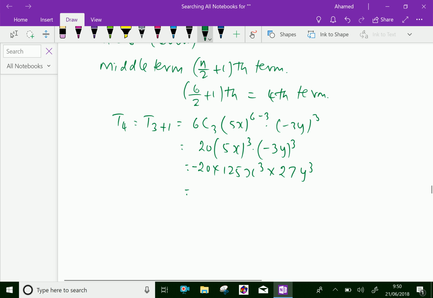Let us find the value: 20 multiplied by 125 multiplied by 27 gives minus 67,500 x cube y cube. This is the middle term.